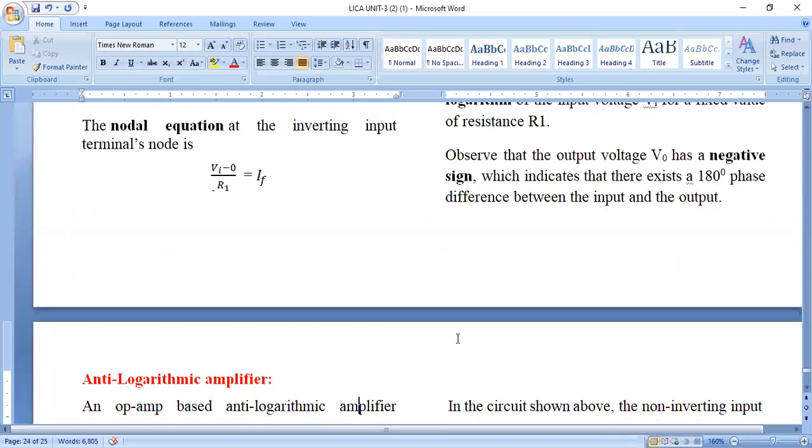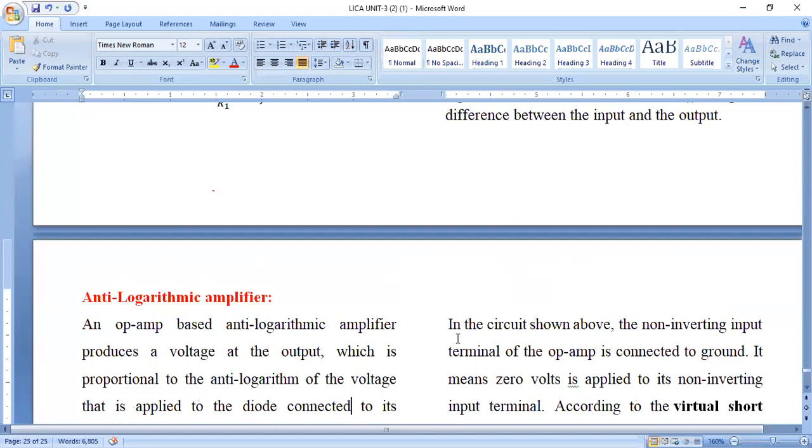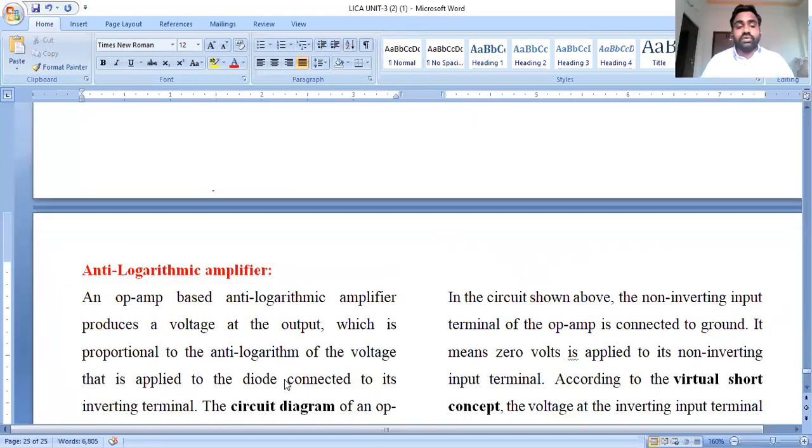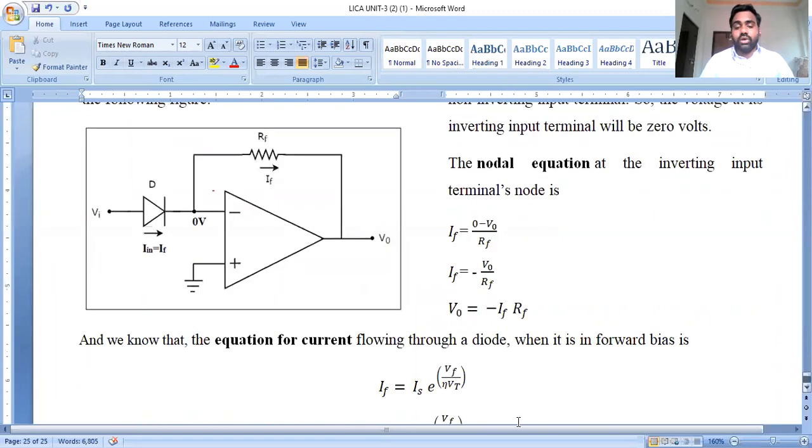And we also analyzed the anti-logarithmic type amplifier: we observed the circuit configuration, and we calculated the output voltage.